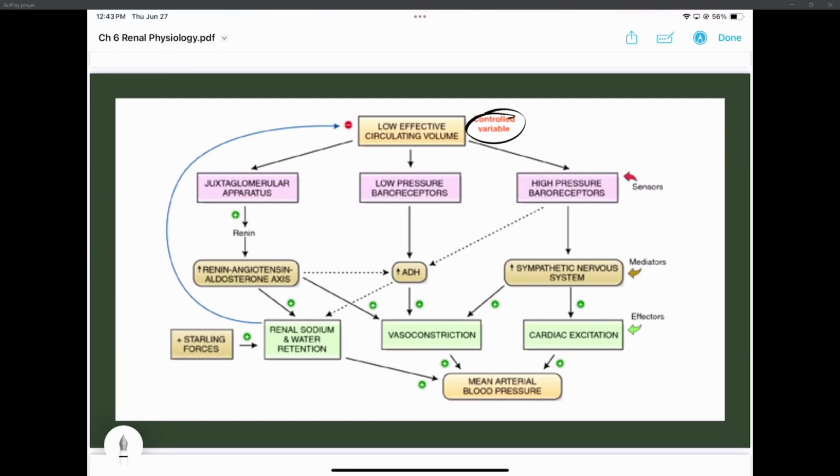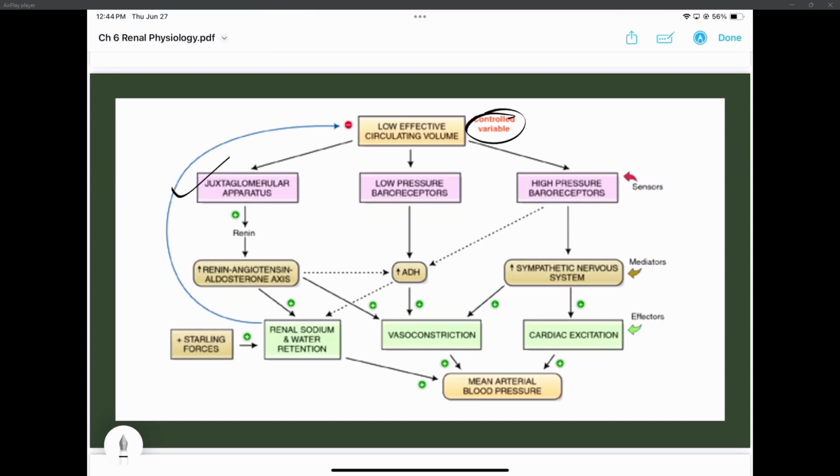It's going to be sensed by the juxtaglomerular apparatus. Okay, is this the more common nephron, or the least common nephron? The juxtaglomerular nephrons. Least common. About 15% of your nephrons are these juxtaglomerular nephrons. Why are they special? Where do they go into?